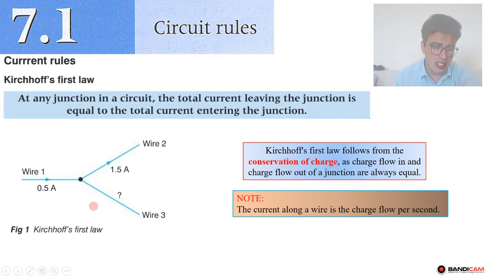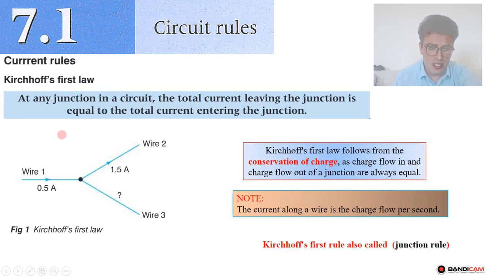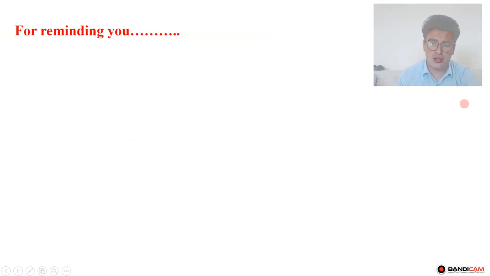When the current is entering the junction, nothing happens to the charge carriers close to the junction. That's why Kirchhoff's first law follows from the conservation of charge. That's very important. And we said that Kirchhoff's first rule is also known as the junction rule.